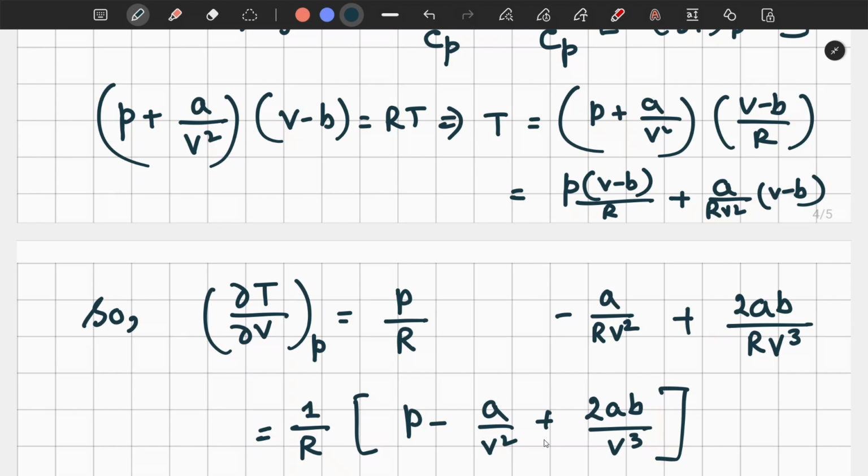I have done something like this expression in my college. There is P plus A by V square minus that part 2A by. Let me check in the book. Wait. It's better to check in the book always, by differentiating the expressions.